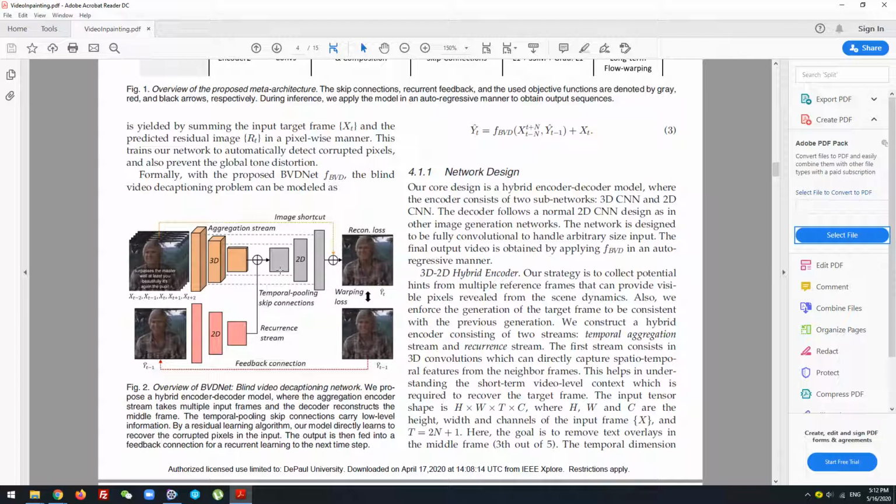Each time we generate the real output, we use it as the previous image for the next frame. At this point, everything looks much like the ground truth.